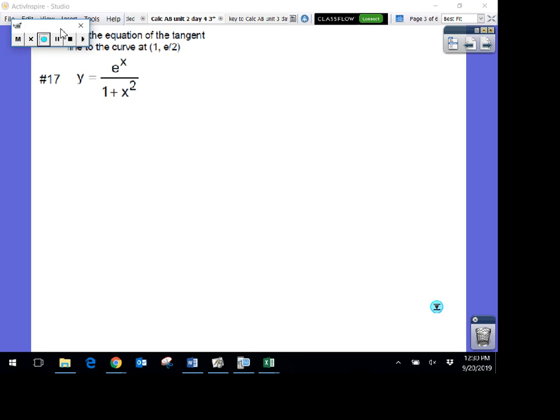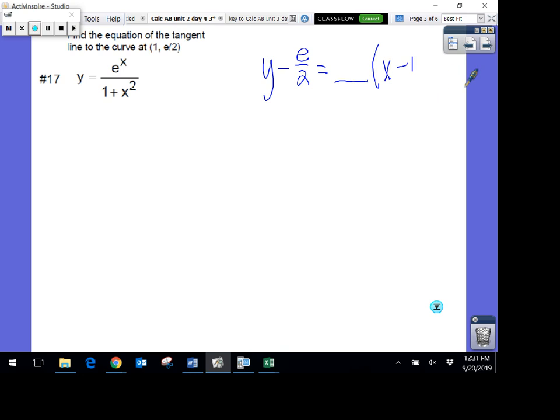All right, so now we're back to same directions we've had before. Find the equation of the tangent line to the curve at the point 1, comma, e over 2. Equation of the tangent line: y minus e over 2 equals, m's what we're looking for, x minus 1.